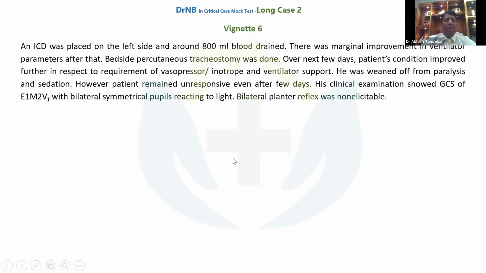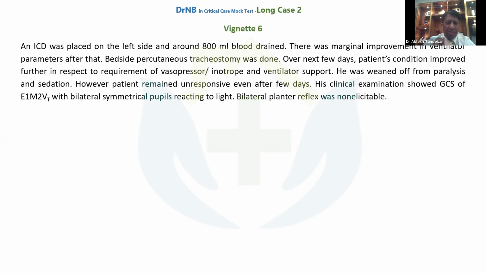Okay. So this patient underwent ICD insertion on the left side and 800 ml of blood was drained. And there was marginal improvement in the ventilator parameters after that. Bedside percutaneous tracheostomy was also done for that patient. And over the next few days, the patient's clinical condition improved.